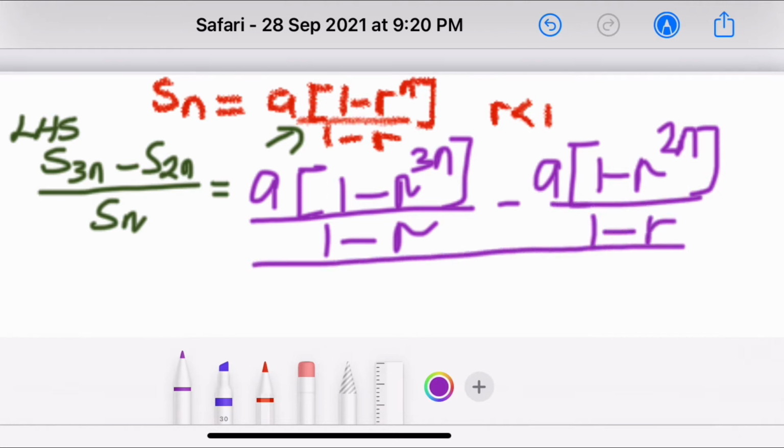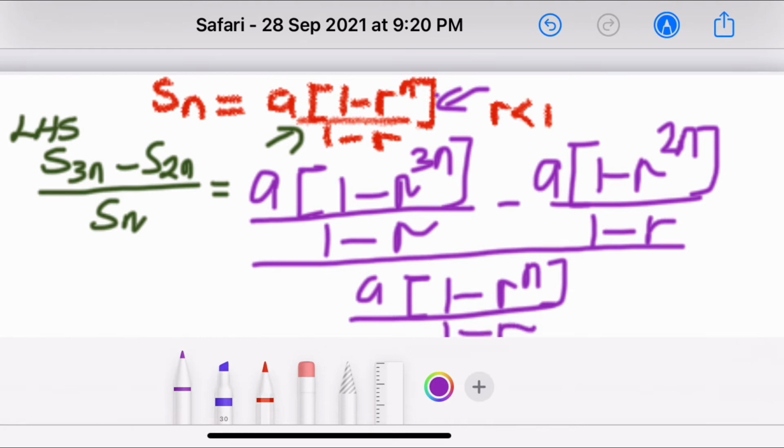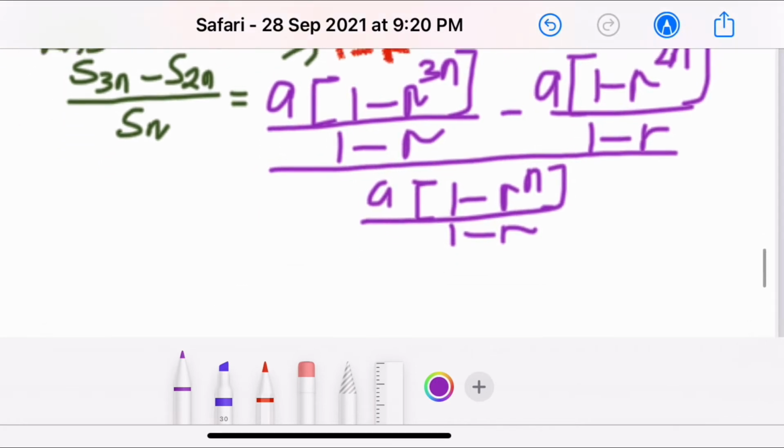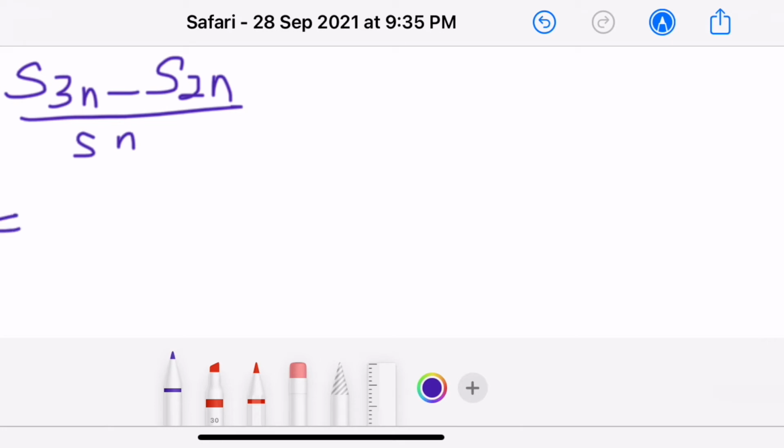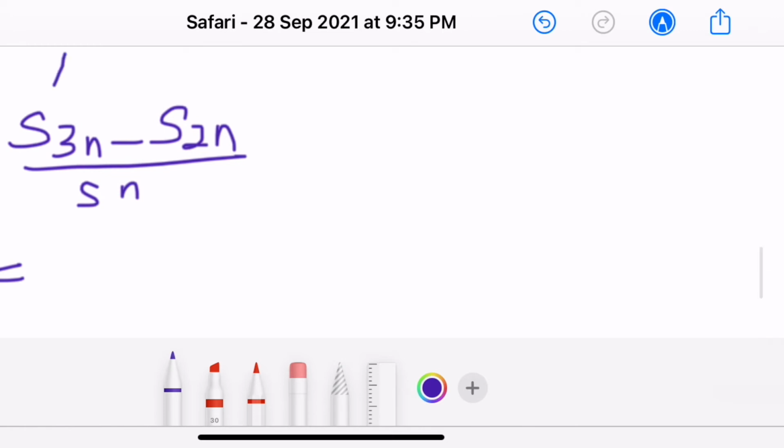And we divide by Sn, which is a(1 minus r^n) over 1 minus r. Wow, it looks very complicated. To prove S3n minus S2n over Sn, we start from the left hand side, and then we show we will get the right hand side.